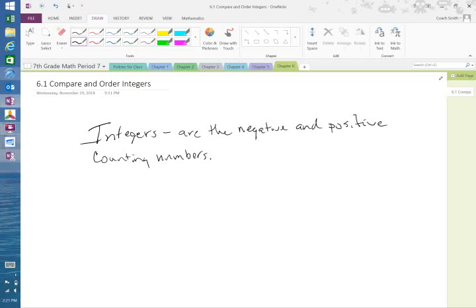It's counting numbers, not all numbers, but just counting numbers. And 0. The reason we put and 0 is because 0 is neither negative nor positive. It's just 0, but it is an integer, so we have to include it. Integers are positive and negative counting numbers and 0.